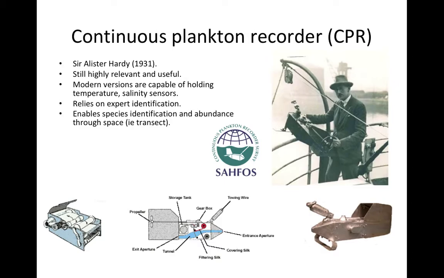So the next example is a thing called a continuous plankton recorder. Again, this is a towed sampling method. This was first invented in the 1930s by Sir Alister Hardy, and it is still used today. It's pulled through the water from a connecting line, and this is an old version here. You see this swivel. The connecting line goes up to the ship.